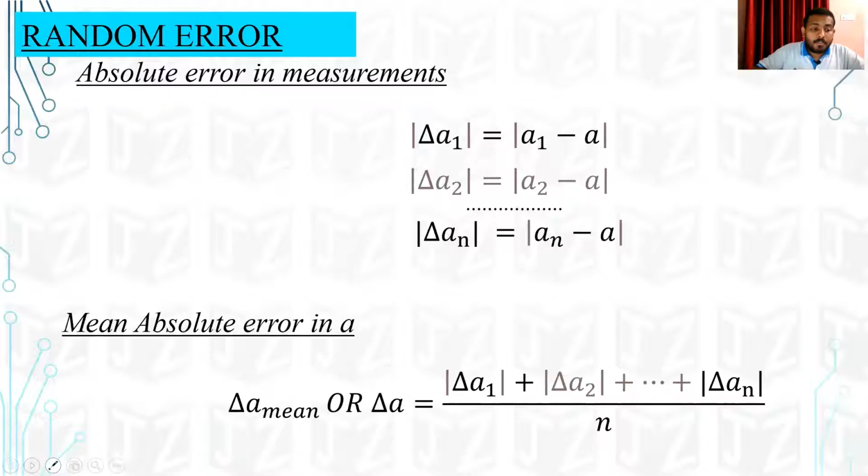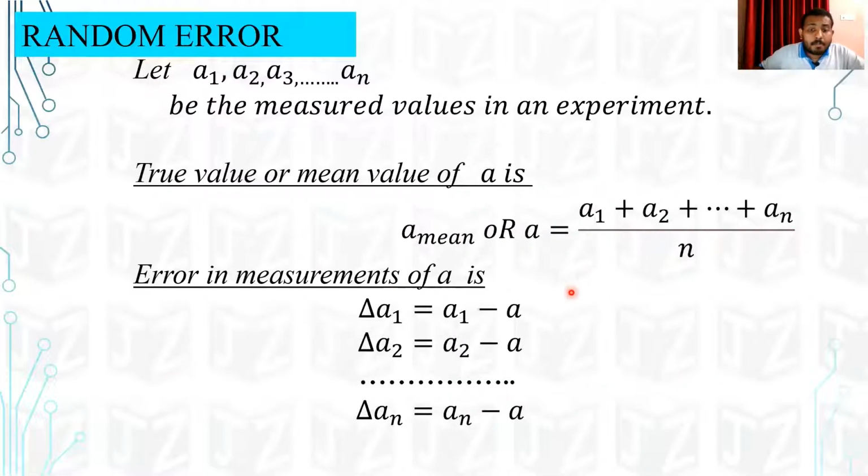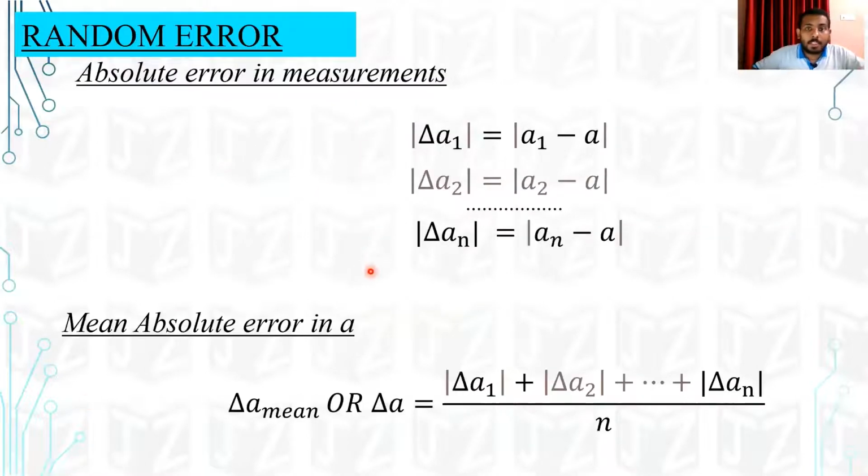Then we have the absolute error in measurement. By subtracting the measured value from the true value, we get the error. This error can be either positive or negative. In order to find the magnitude of error, we take the absolute error in the measurement.